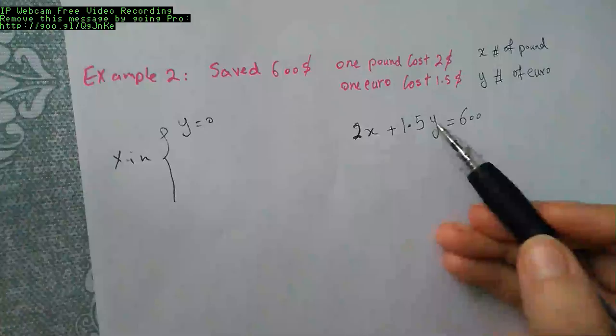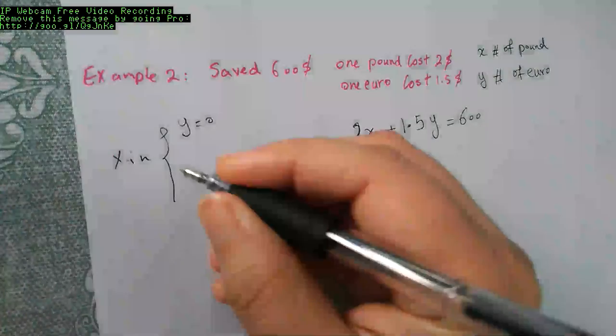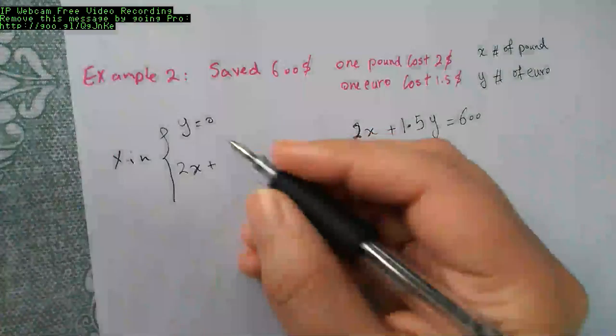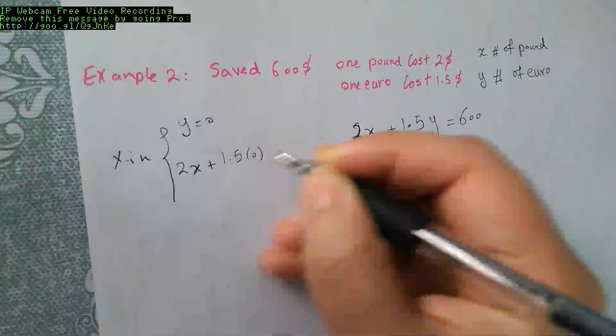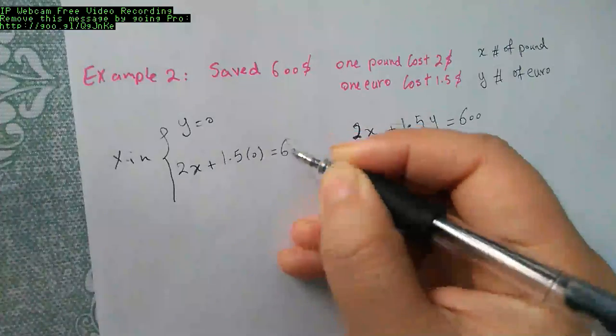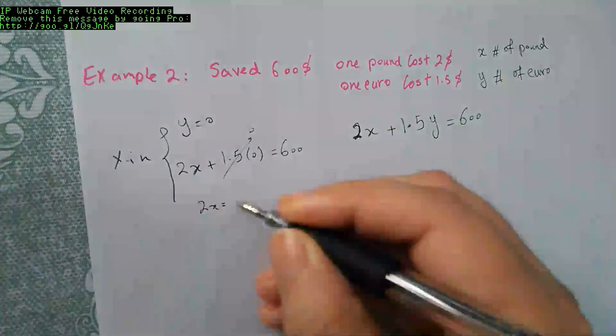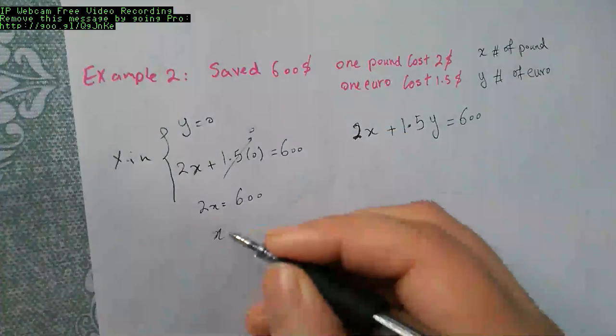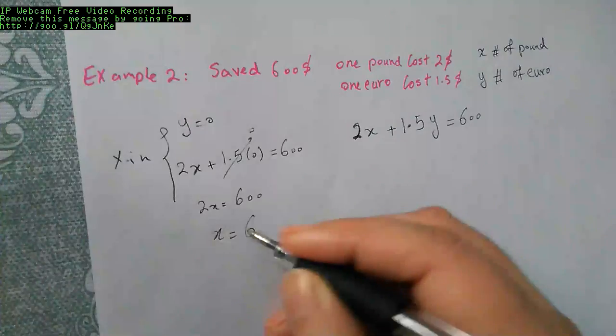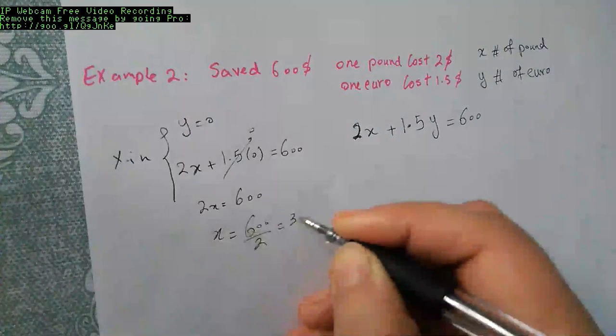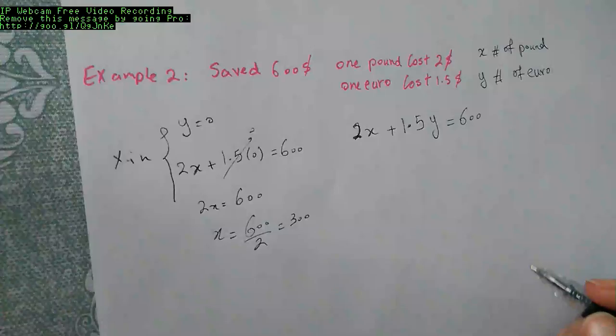The y equals 0 means this term becomes 0. It's going to be 2x plus 1.5 multiplied by 0 equal to 600. So this term is gone. It's 2x equal to 600. So x equals 600 divided by 2, which is 300. So this is the x-intercept.